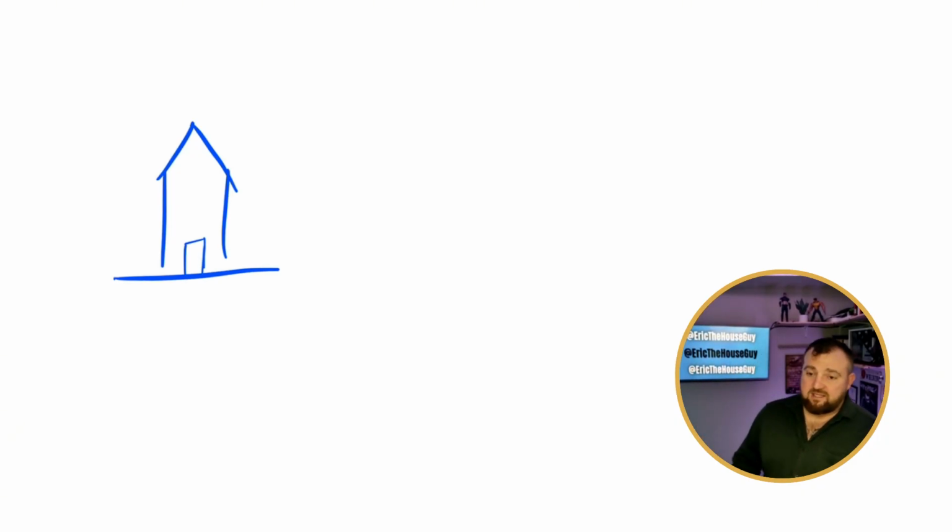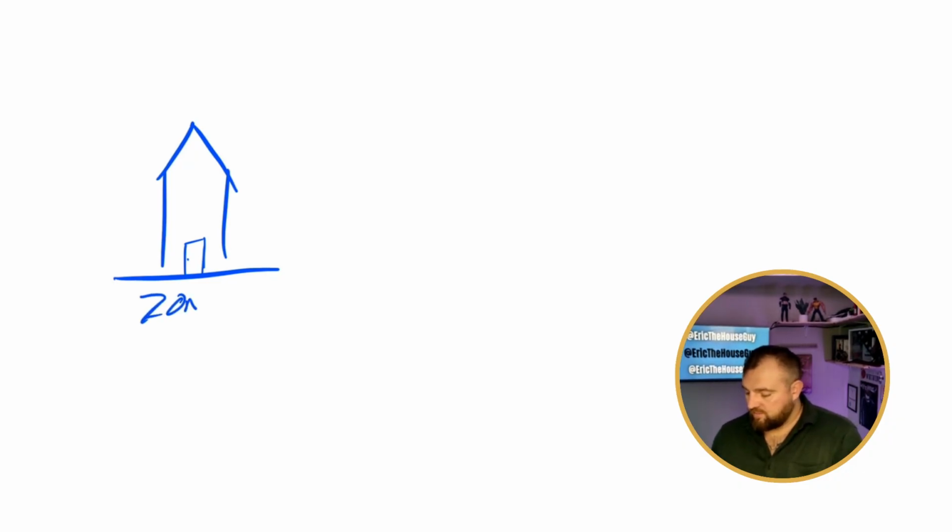So if we have one building, one door, this is not commercial. Can it be commercial? Yes. It can be commercial if we get it zoned correctly. There's residential zoning and there's commercial zoning.